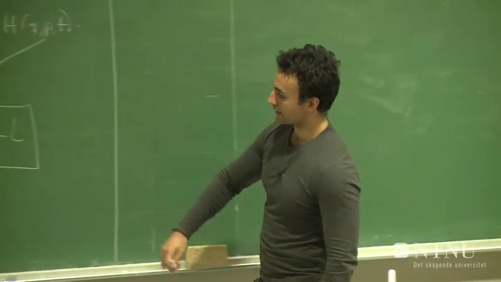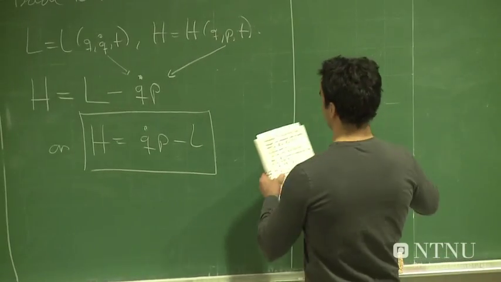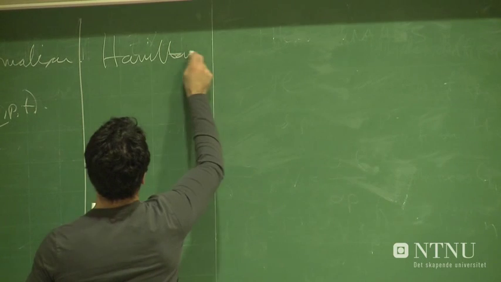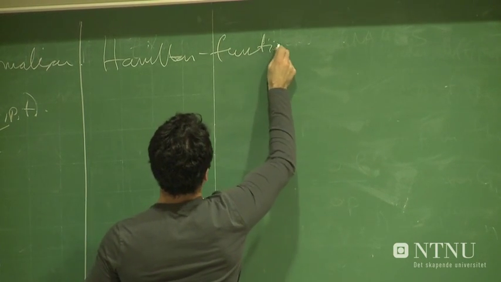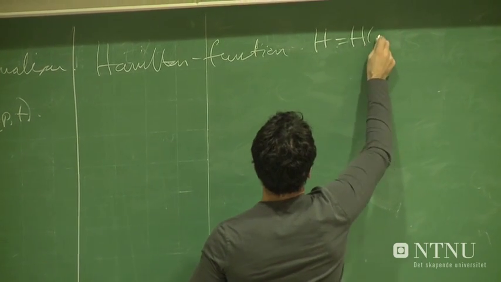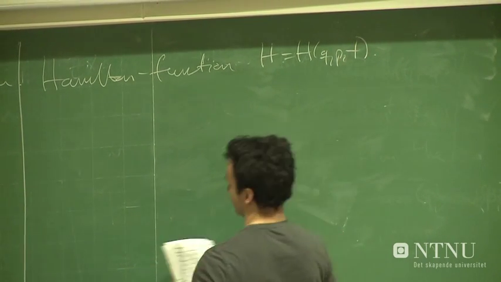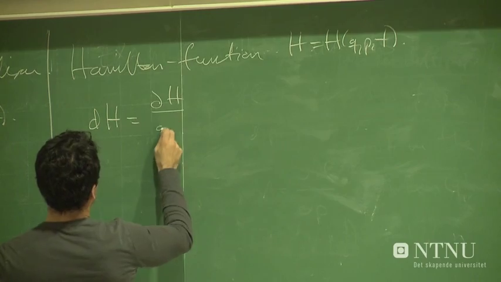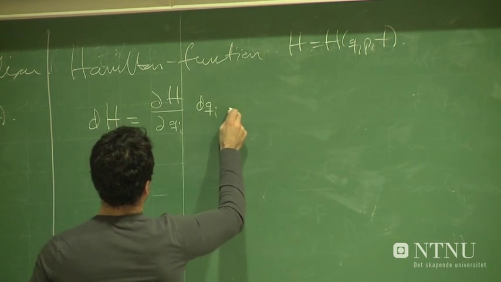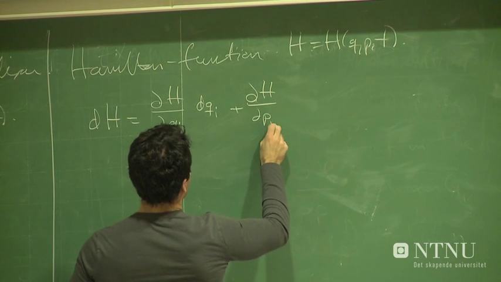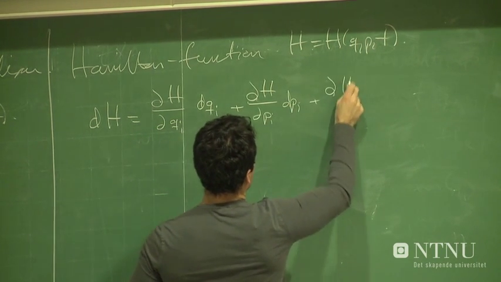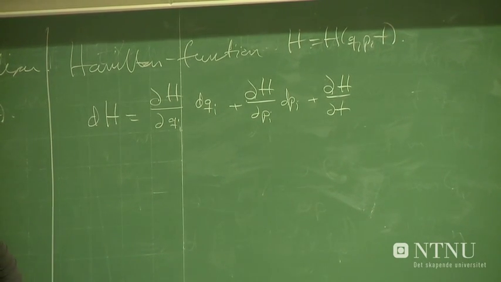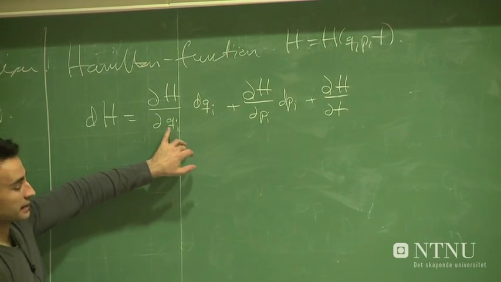All right, so let's see what comes out of this definition. This is just a chain rule for derivation, since H depends on q, p, and t.